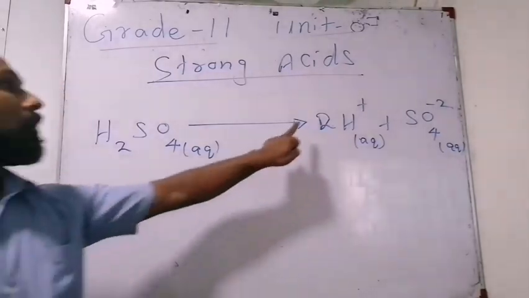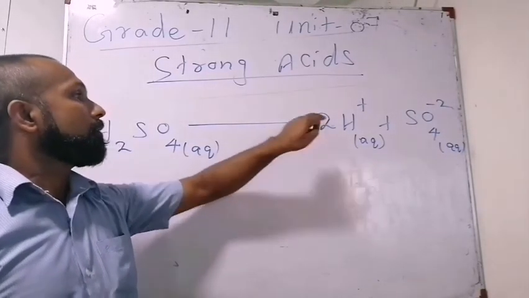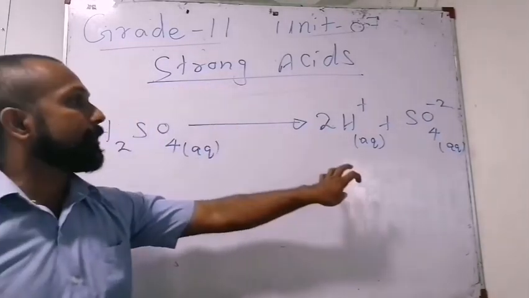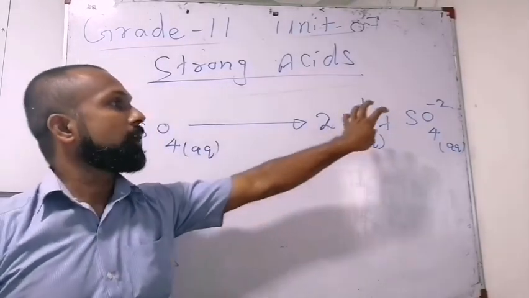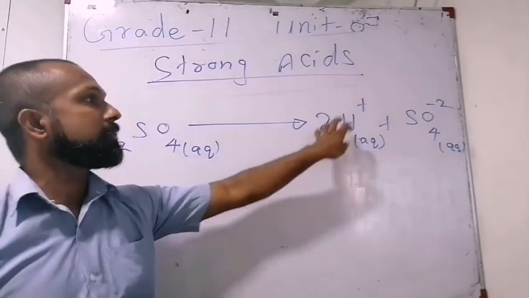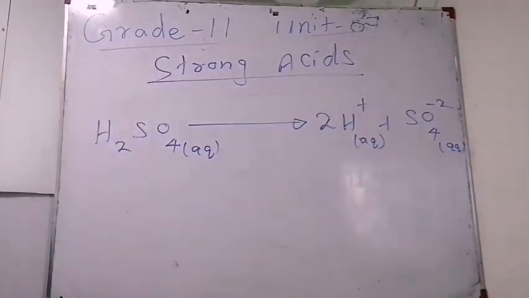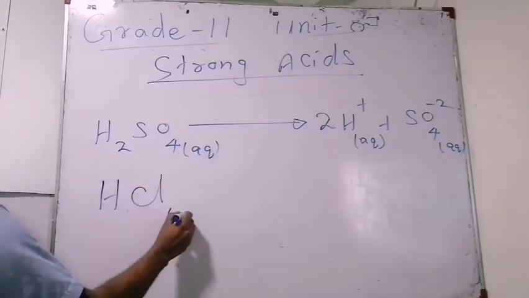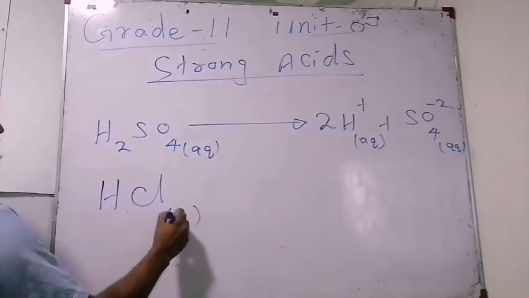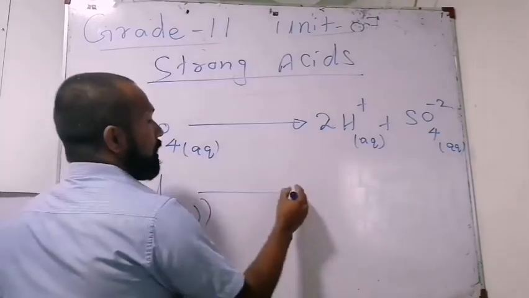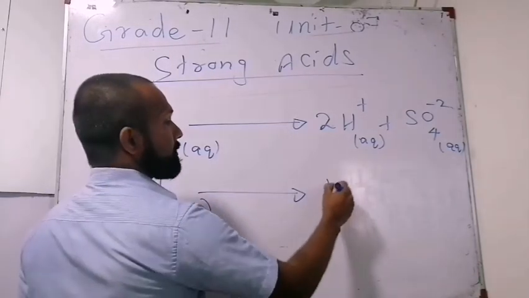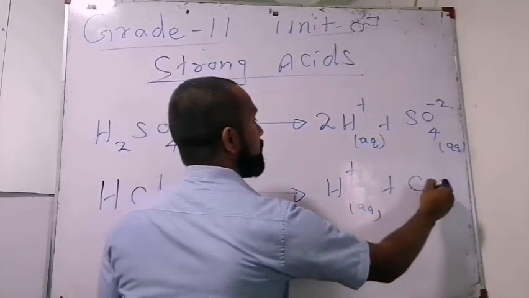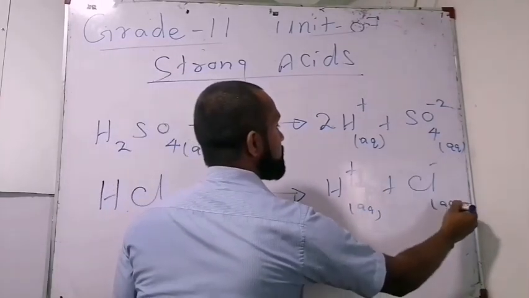So here all the molecules completely dissociate into H plus ions and sulfate ions. These are positive ions, these are negative ions. Let's learn another example, hydrochloric acid. In an aqueous medium, hydrochloric acid ionizes as H plus (aq) plus chloride (aq).